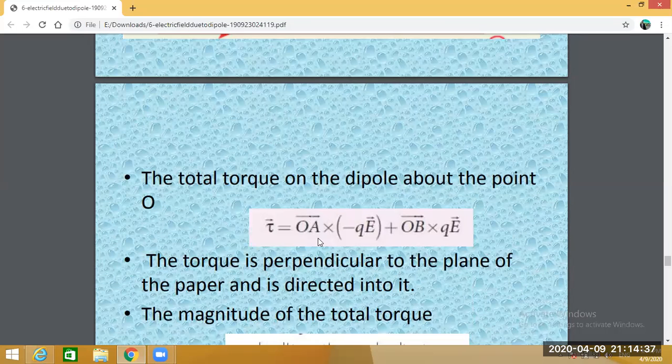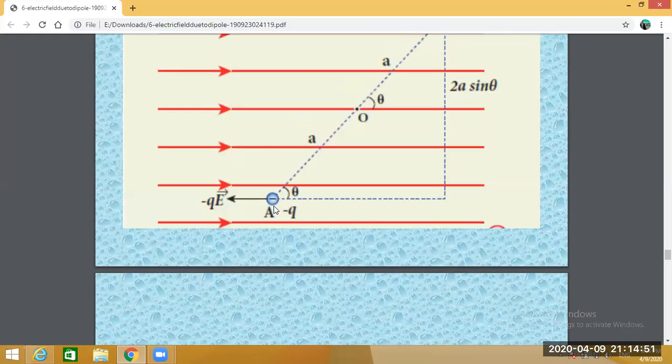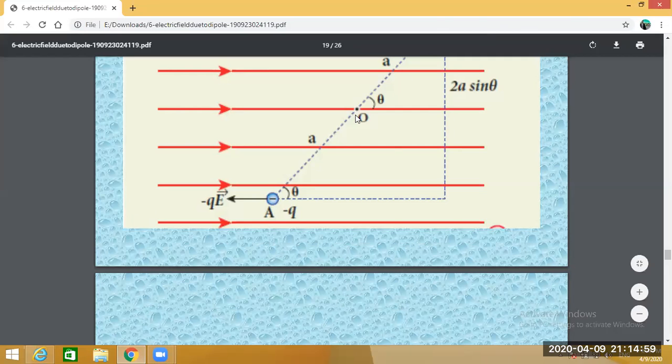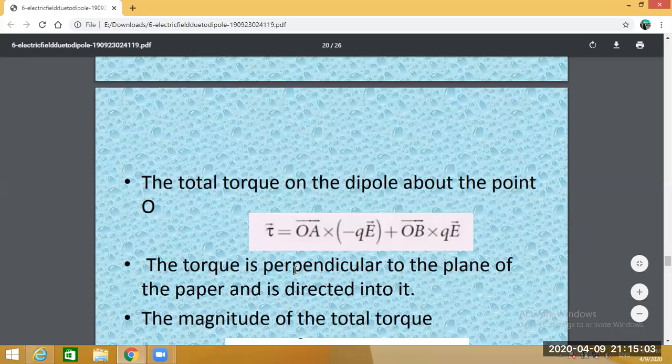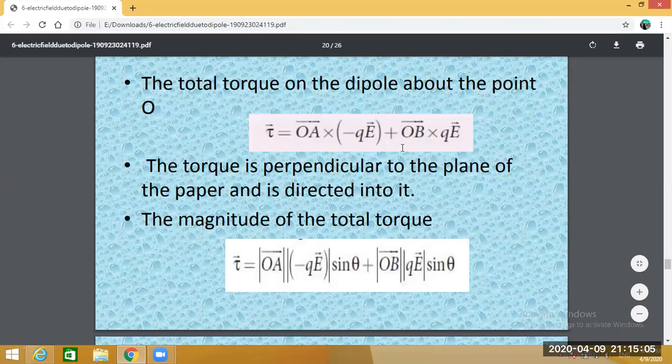Torque produced by the negative force minus QE equals what? The magnitude of one of the forces, that is force into perpendicular distance. So this is the distance O to A. And similarly, plus QE into O to B. So we write here, this is the total torque experienced.